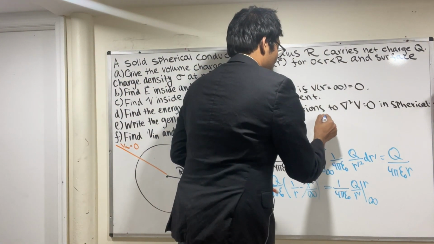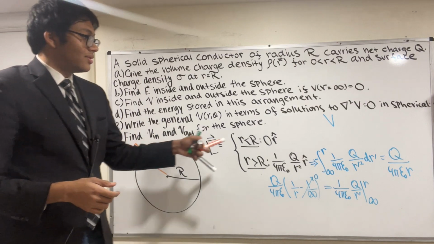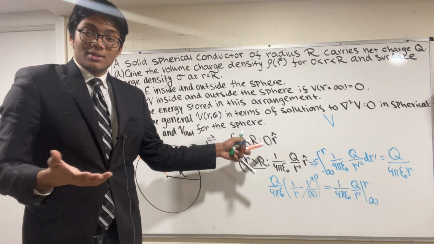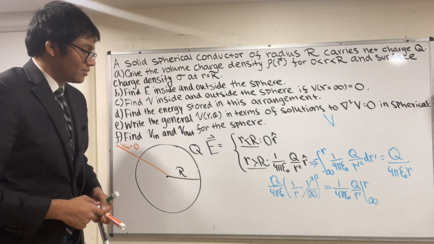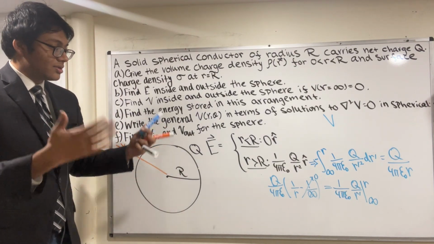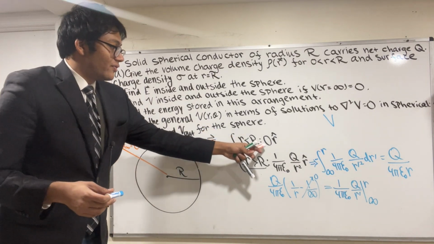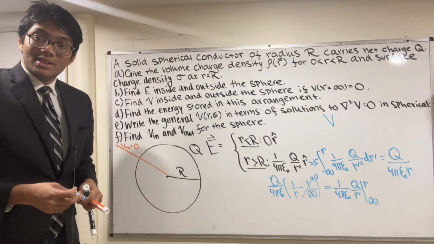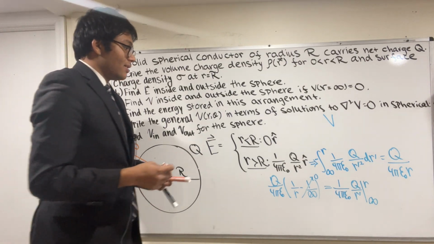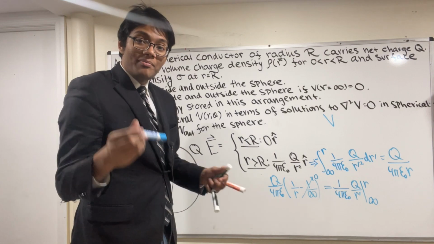Now let's take a look at the potential inside the sphere. Well, the integral of 0 is just going to be 0, right? It doesn't matter where you're going from, whether you're going from infinity to r or from r to whatever, the integral of 0 is just going to be 0. But we have to set the electric potential outside to the boundary, right?